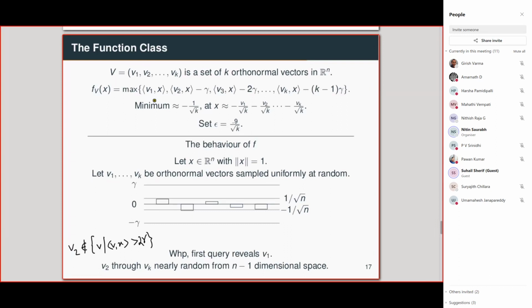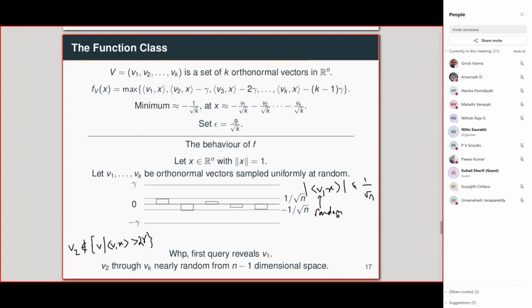Because this statement, the inner product of V and X, this value is at most 1 over square root n or something like this. If you take a random vector V, then the fact that this is small is only true when V is actually random, uniformly at random.